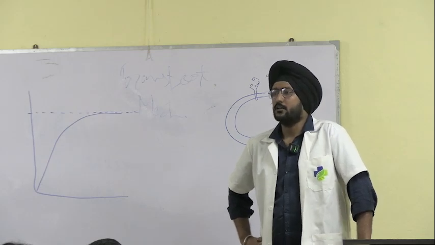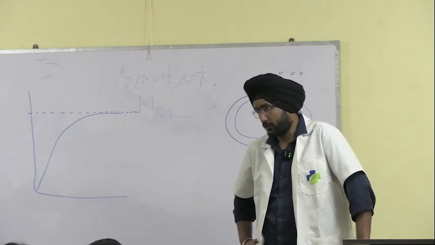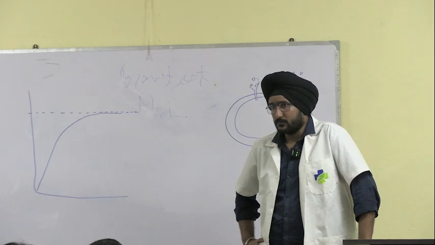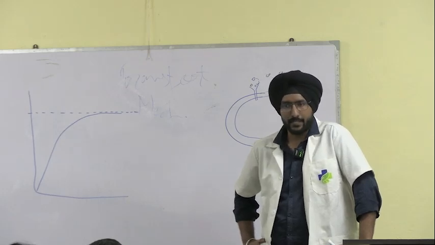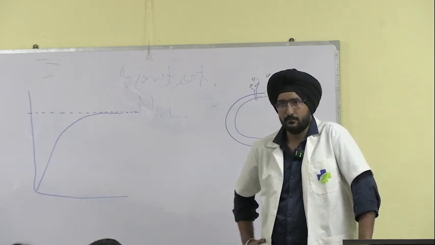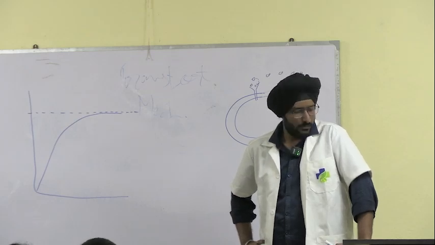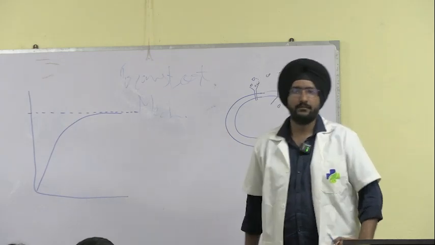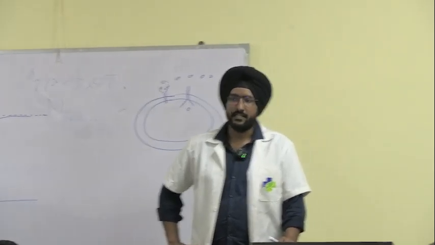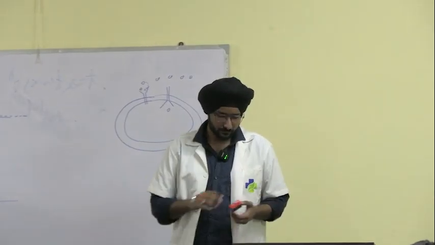So this is called competitive inhibition. You will learn about competitive inhibition in biochemistry and pharmacology also in great detail. One example is succinate and malonate. That's a very simple example being given, okay?